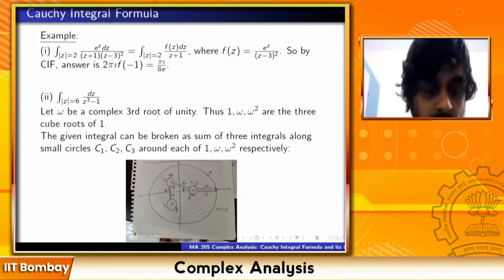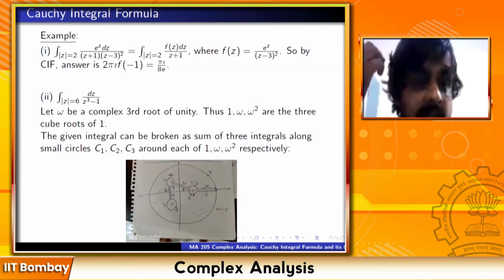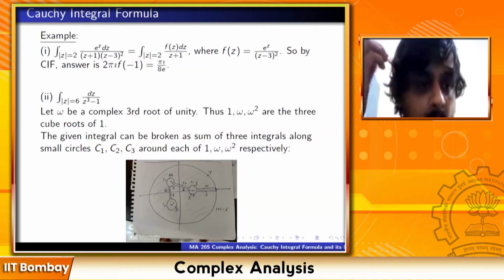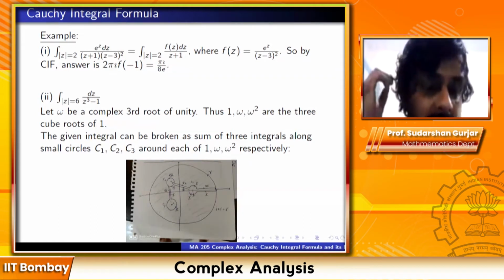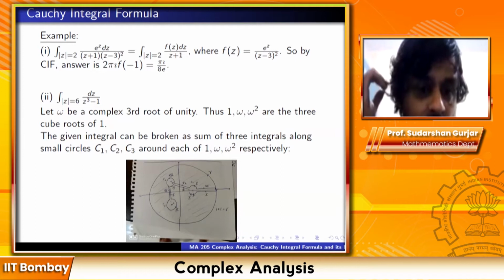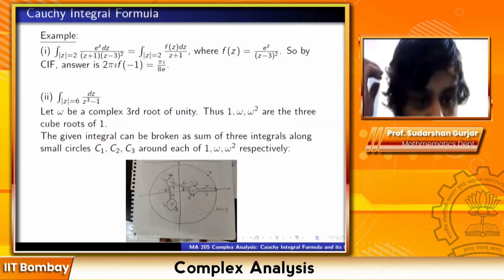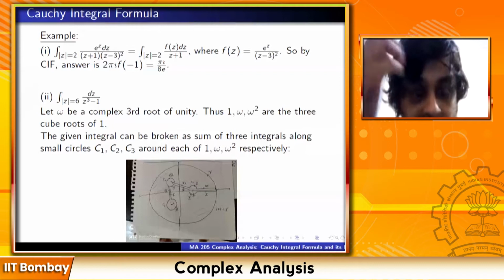Break up. So I look at this picture. The curve gamma, outside circle gamma. My drawing is bad, but just pretend that this gamma is the circle mod z equal to 6. So I want to integrate that. But for the same reason as before, integrating along gamma is the same as the sum of integrals along C1, C2, C3. C1 is the circle around 1, C2 is the circle around omega, C3 is the circle around omega square.